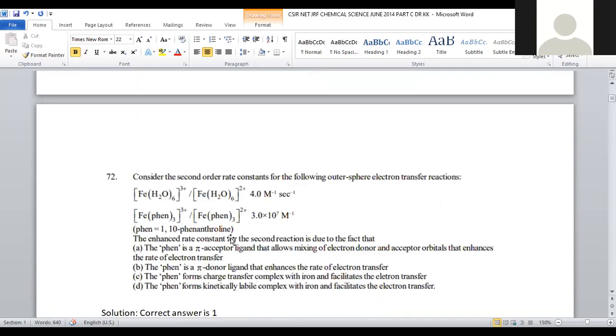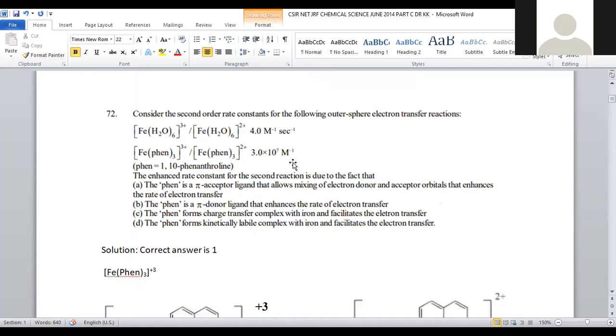Let us move on to question number 72. Consider the second order rate constant for the following outer sphere electron transfer. Already we discussed that electron transfer is basically of two types, inner and outer sphere mechanism.